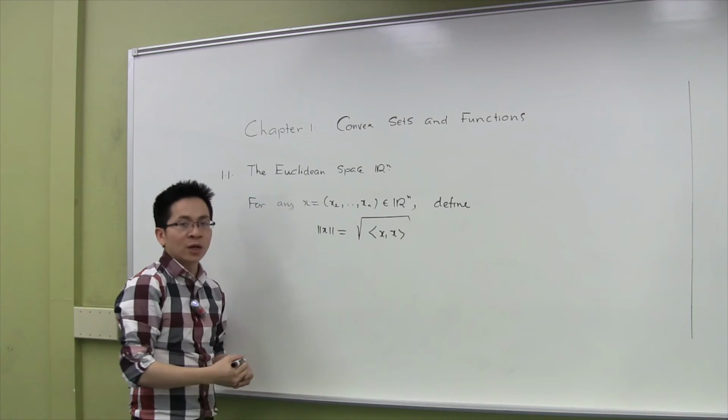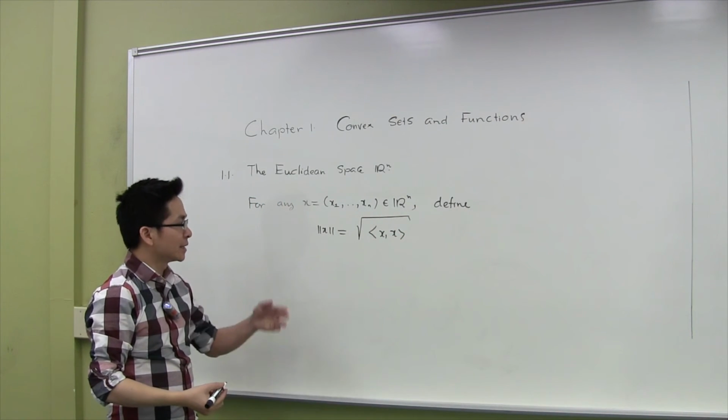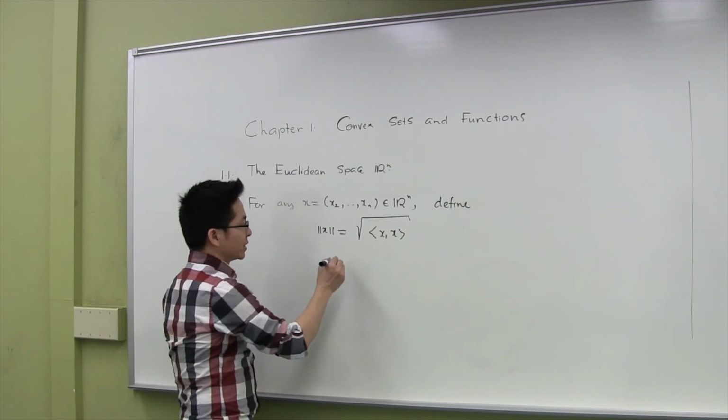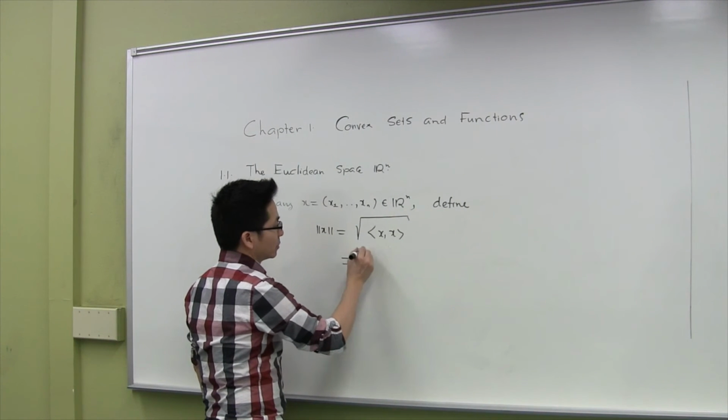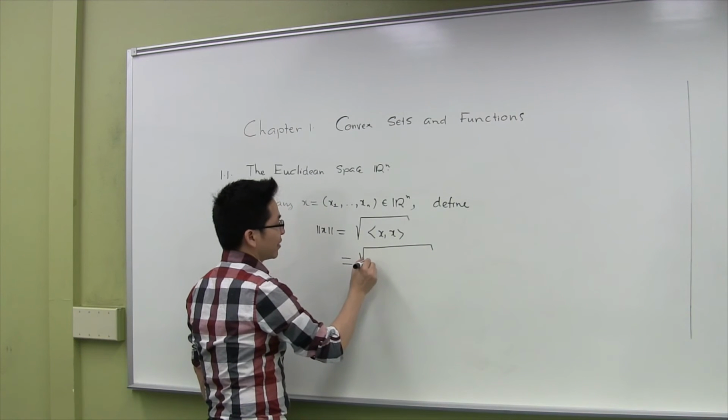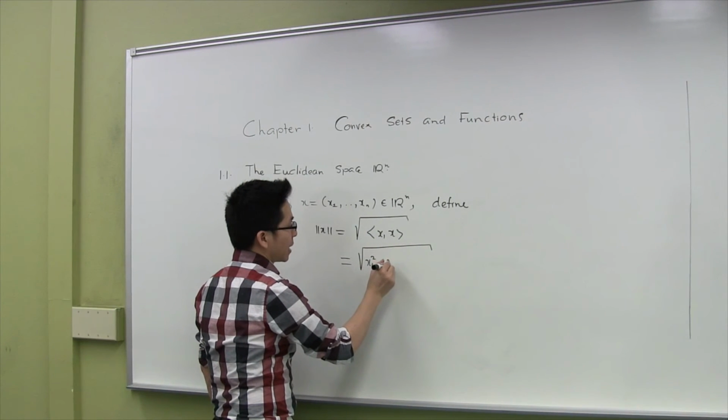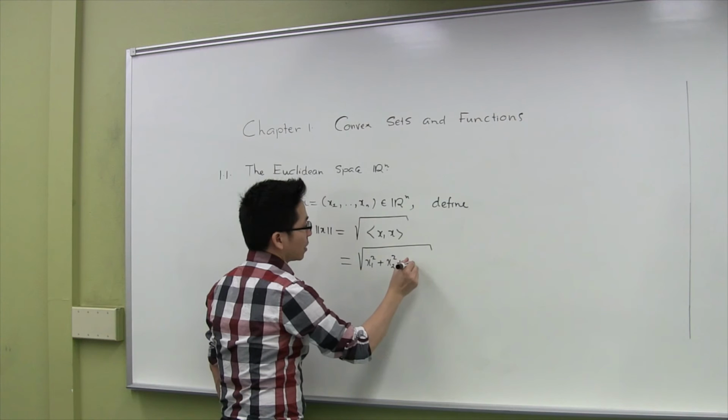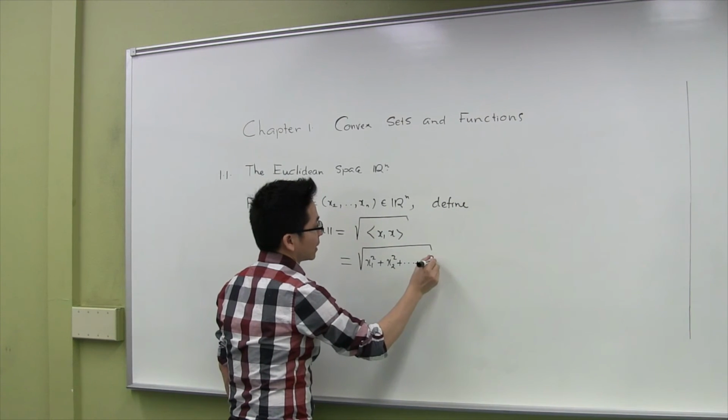Okay. Now, from this definition, we can see that the Euclidean norm of x is equal to the square root of x1 square plus x2 square plus so on plus xn square.